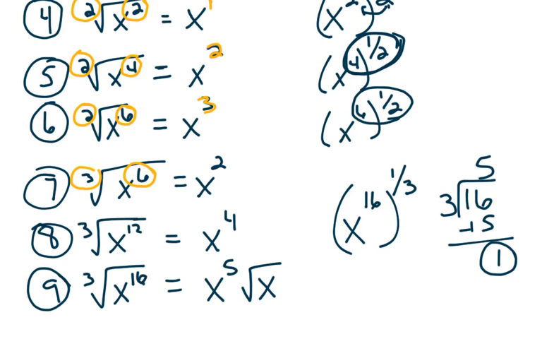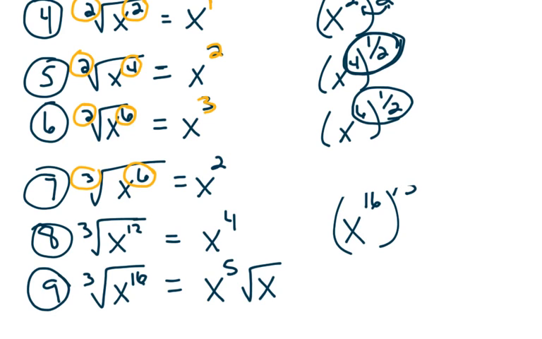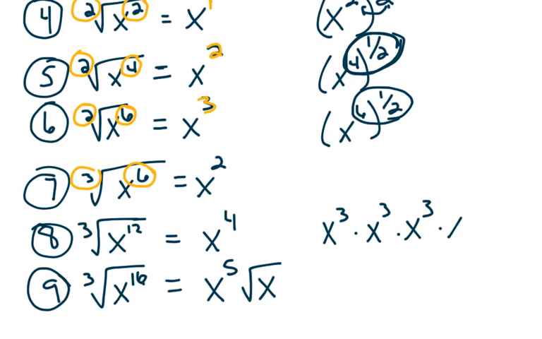Now there's an easier way to look at this. We know that if we take the cubed root of x cubed, then we will get a single x. So let's break this down. We have x cubed times x cubed times x cubed times x cubed times x cubed.